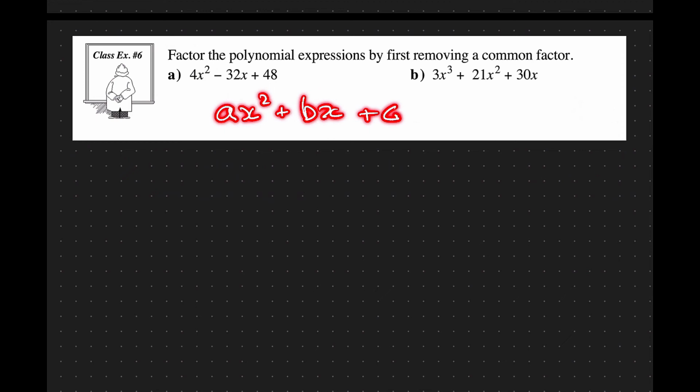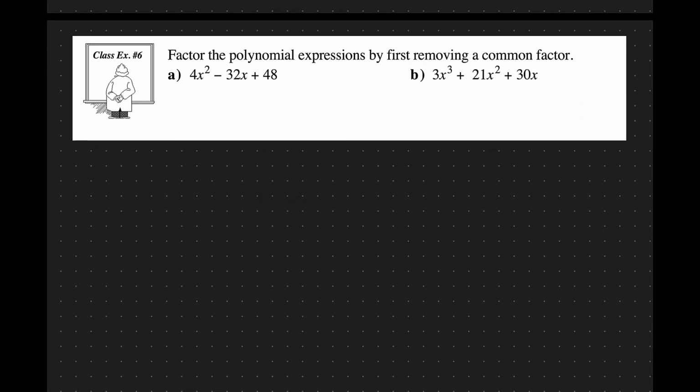So when a is 1, like the examples that we just did in class example 5, it was easy to use that system to factor out two binomials. But in this case, we've got to do either a different process or remove a common factor.